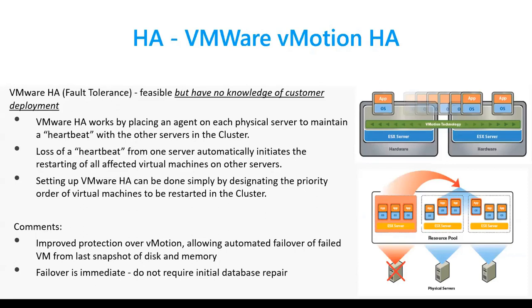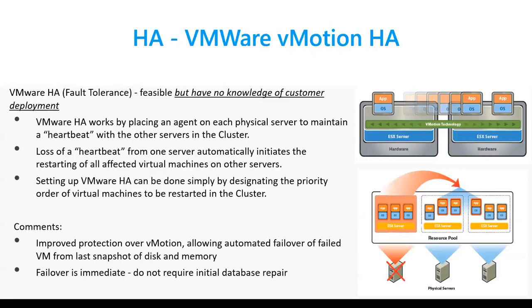It works with placing an agent on each physical server to act as a heartbeat. So if there's a loss of heartbeat from one server, it automatically initiates restarting the affected virtual machines on other servers. And of course, you can prioritize which servers the virtual machines come up on as part of the setup.